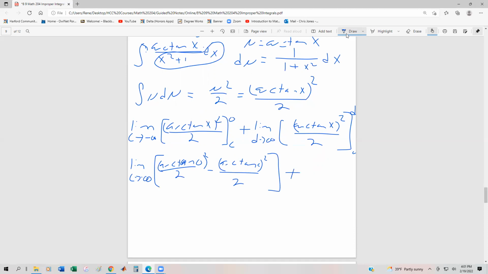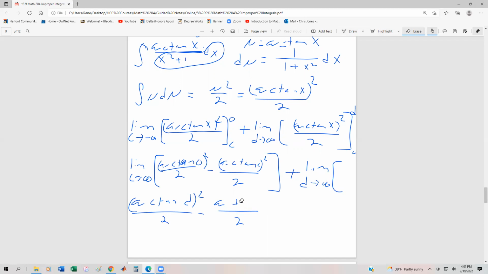Plus, now we substitute: the limit as d approaches infinity, arctan d squared divided by 2, and now we substitute 0 in, so arctan 0 squared divided by 2.